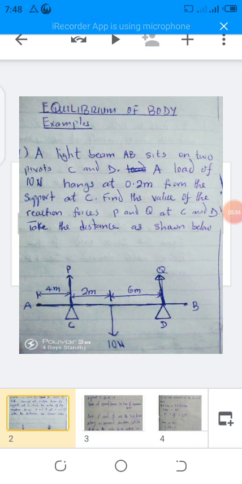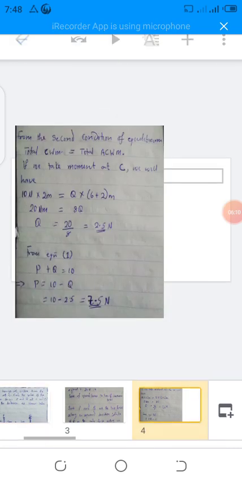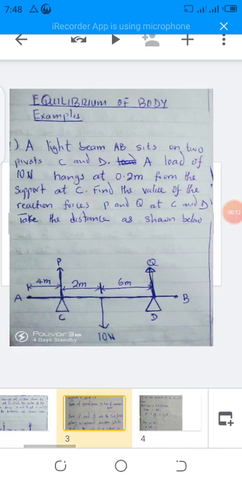But if this object is not going to fall down, the only thing that can drag the object back upward from falling is the reaction Q. When we remove support D, the object will fall down.